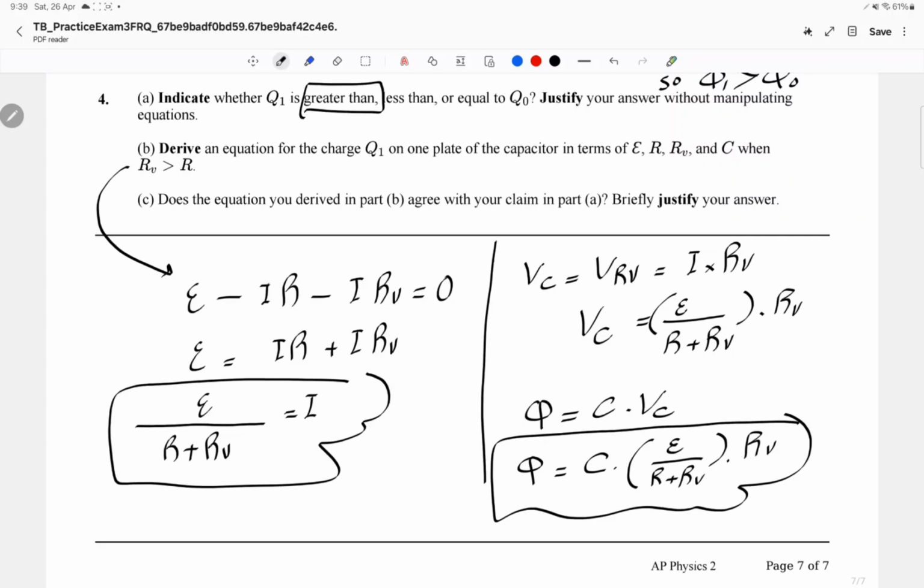Okay. And then C says, does the equation you derived in part B agree with your claim in part A? The claim being Q1 is greater than Q0. Well, actually it does, because according to this equation, Q is directly proportional to the RV.